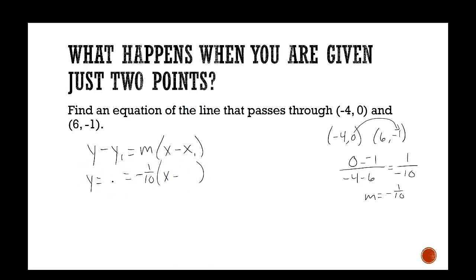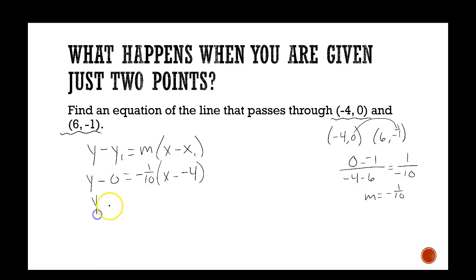Well, now all I need for this is a point. Well, you're given 2. It does not matter which one you use. You will come up with the same equation. So I just naturally use the first point that they're given, but you don't have to. So I'm going to use -4, 0. So -4 is the x, 0 is the y.